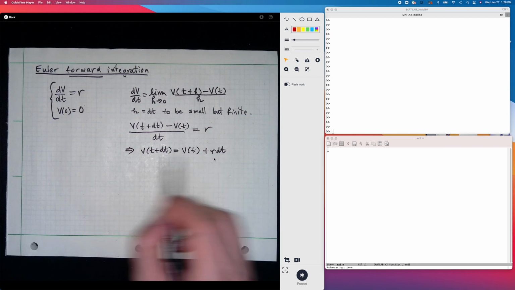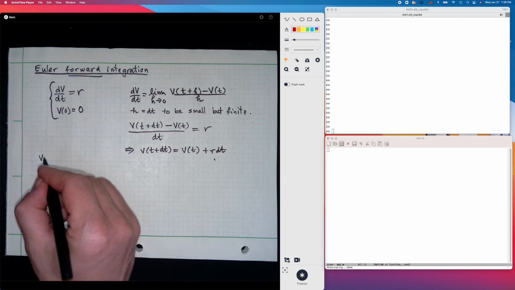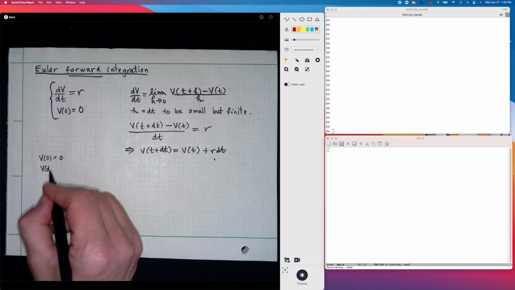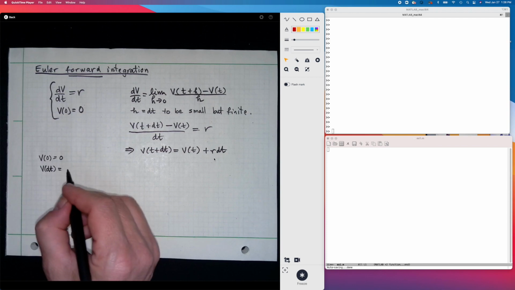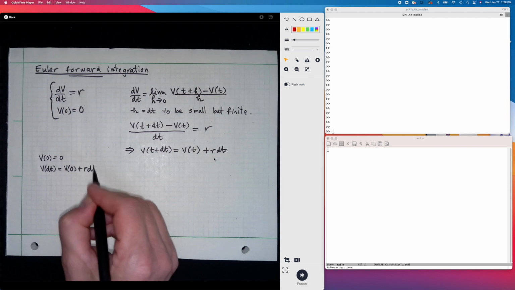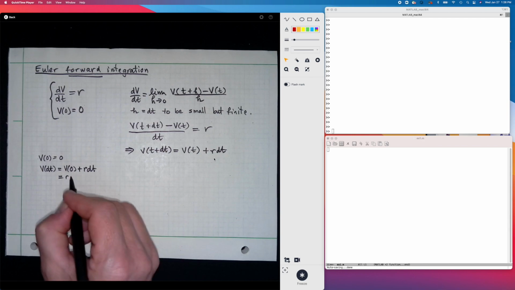Starting at the initial condition V of 0 equals 0, V at dt is V at 0 plus R dt, which is just R dt.